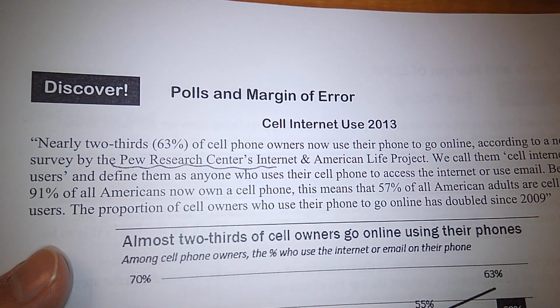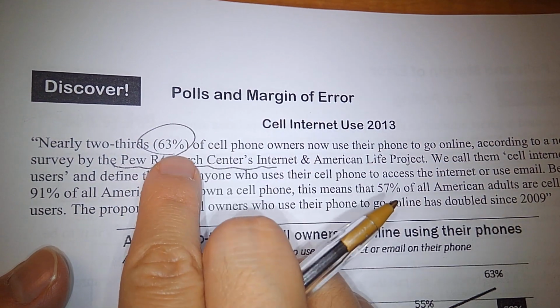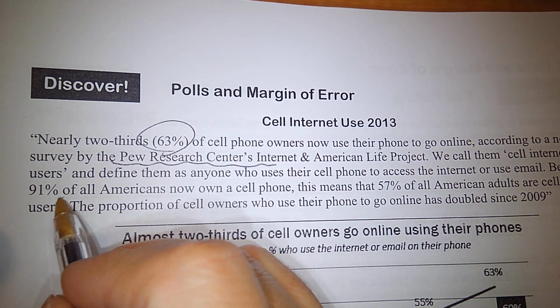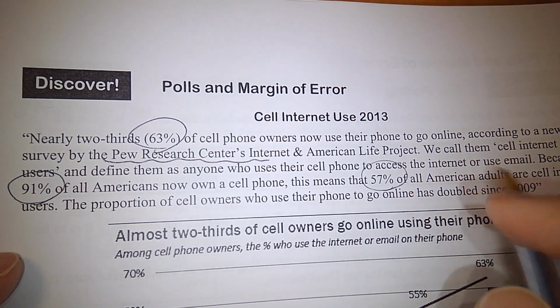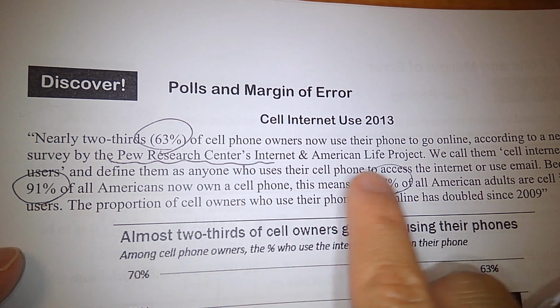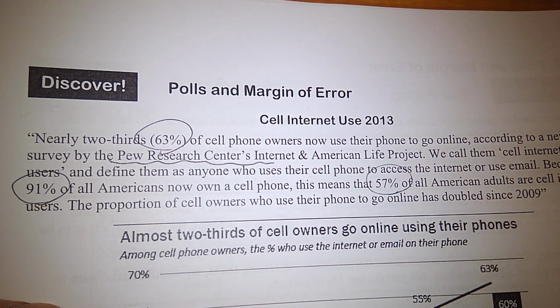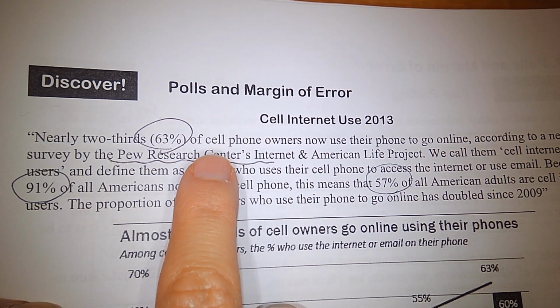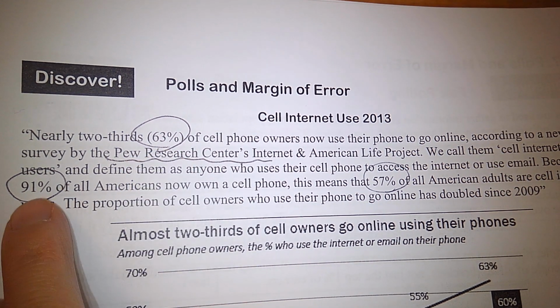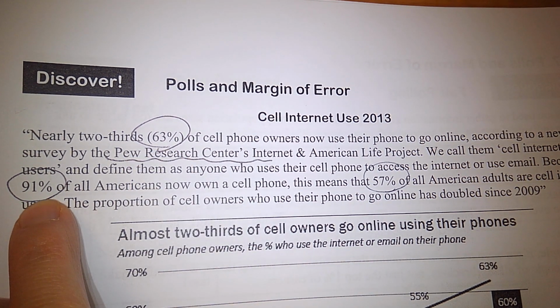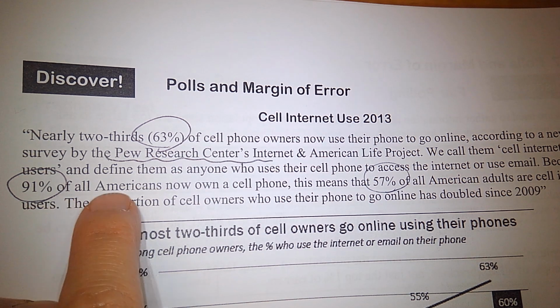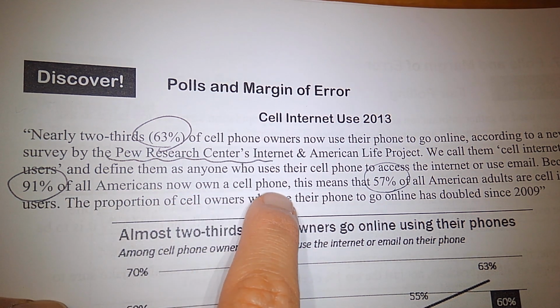In this question, there are 3 percentages: there is a 63%, there is a 91%, there is a 57%. Which percentage should we choose for our current question? This 91% is people what? 91% of all Americans having a cell phone.